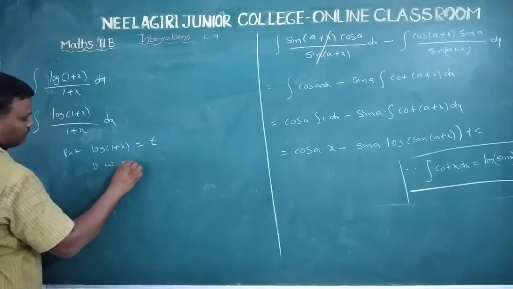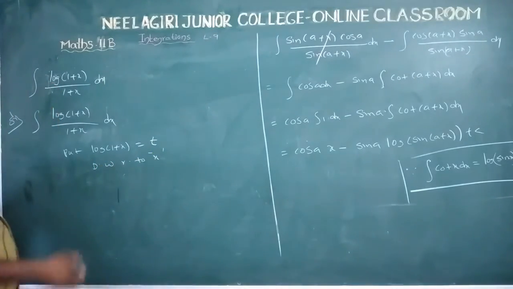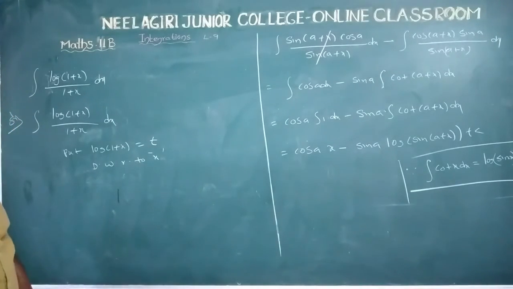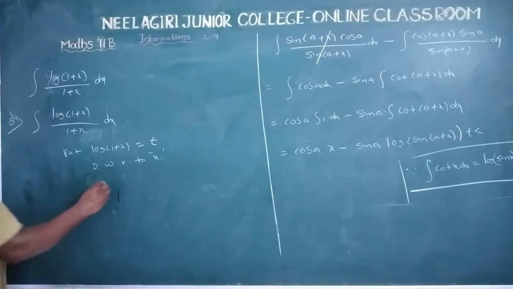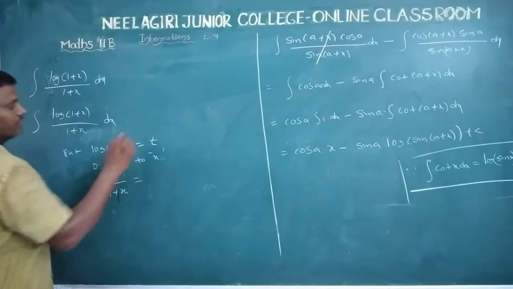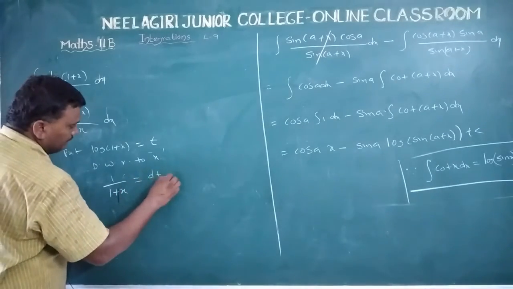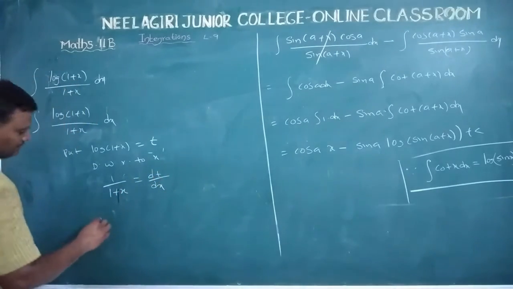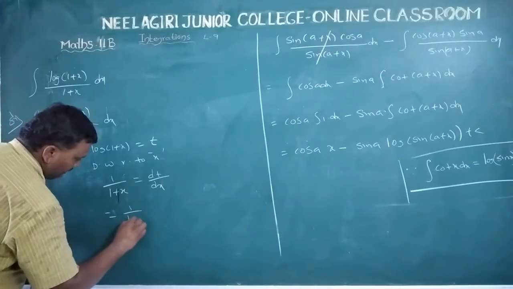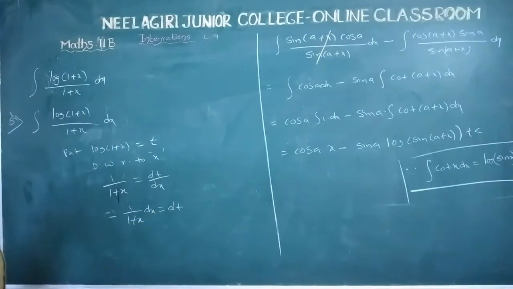Derivative with respect to x. What is the derivative of log x? d by dx of log x is equal to 1 by x, so it is 1 by 1 plus x. t is the dependent variable, so dt by dx is equal to 1 by 1 plus x, so 1 by 1 plus x dx is equal to dt.